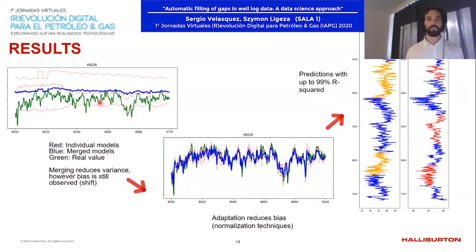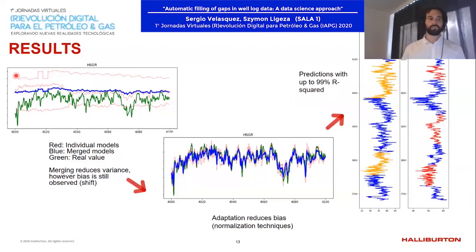The problem is with this shift. After adaptation techniques and after applying averaging, we can see that if they vote together, if they cooperate, they are able to predict very well values which are very close to the ground truth.